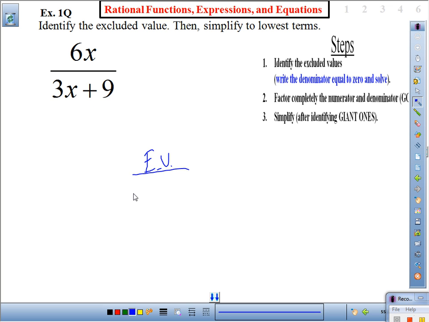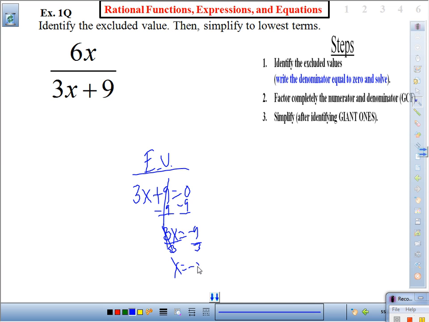Thank you. Denominator equal to 0, 3x plus 9 equal to 0, and solve. Minus 9 minus 9, 3x equals negative 9, divided by 3, x equals negative 3. So my excluded value is negative 3.